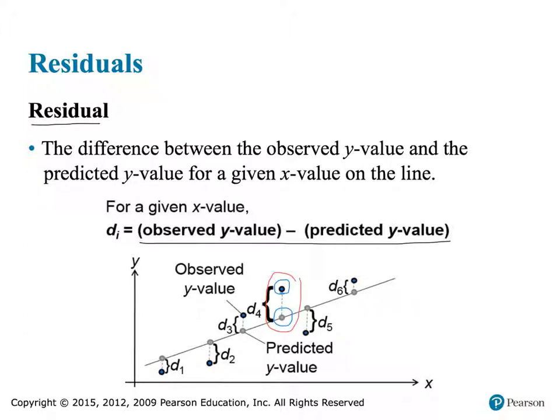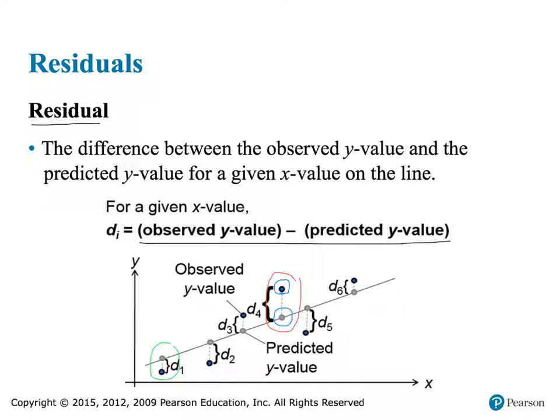On the other hand, look at this point here. You can see that the actual observed point in blue is sitting below the line. The point on the line above it with the same x coordinate is actually greater than the observed.